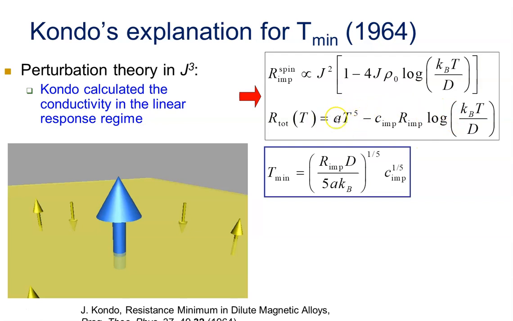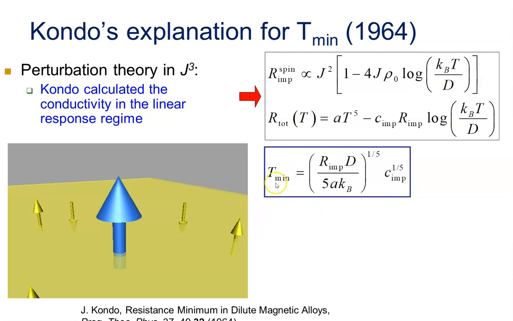So you have a positive contribution, this negative contribution which increases, and at some point this reaches a minimum. And the minimum temperature, what Kondo showed, goes with the concentration of the impurities to the power 1/5, and also depends on these other prefactors. But this was something that was experimentally measurable.